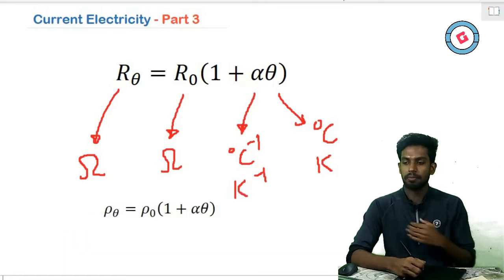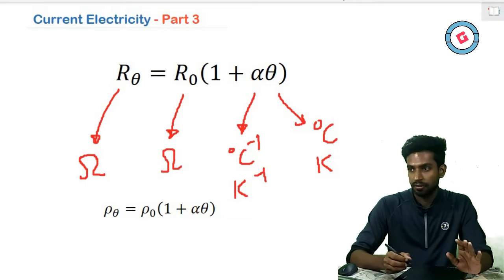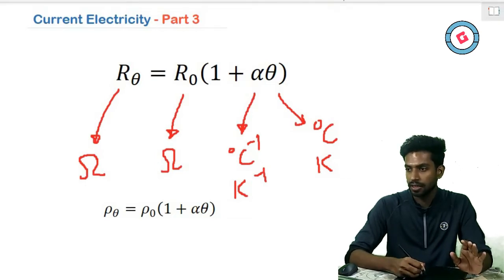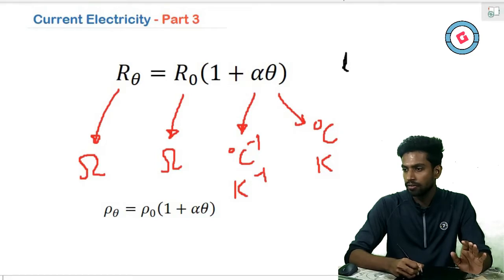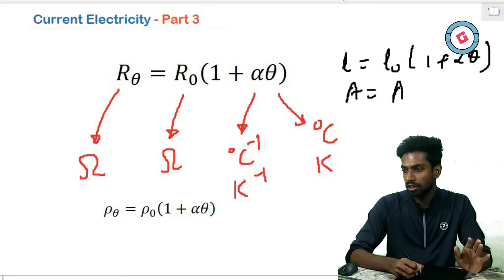Remember, in thermal physics we have similar equations like this. For instance, I can write L equals L naught (1 + alpha theta). So keep that in mind, and the other one is A equals A naught (1 + beta theta).